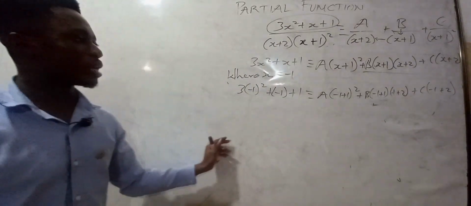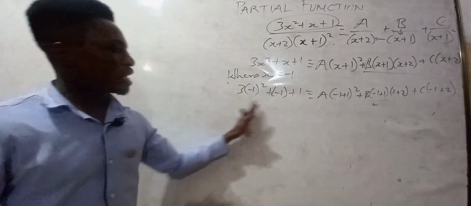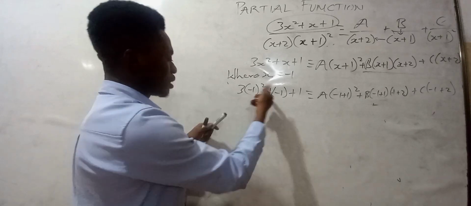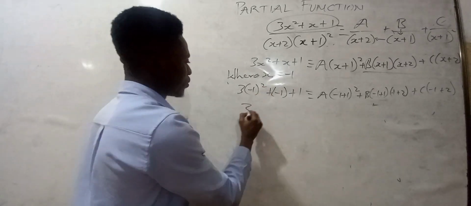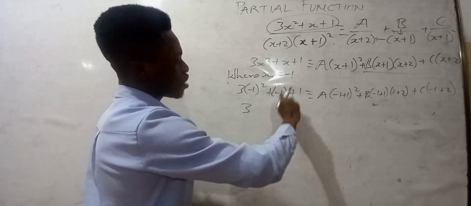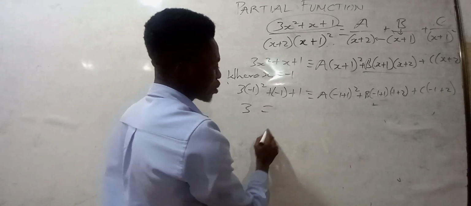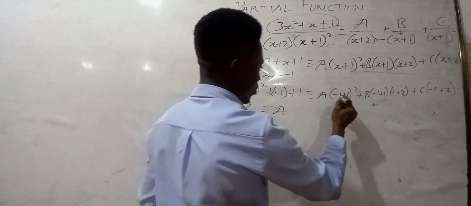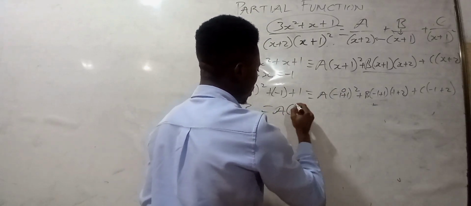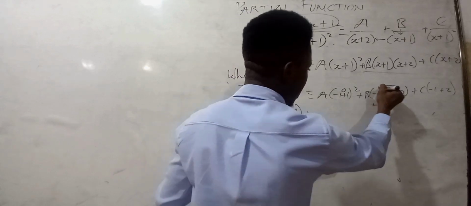Okay, so this is what we get. So when we are here, the calculator can do everything, but let's try. So this will give us 3. And we know this side will be 0 because -1 plus 1 is 0. 0 squared is 0. So A into bracket 0 plus, and here will be 0.